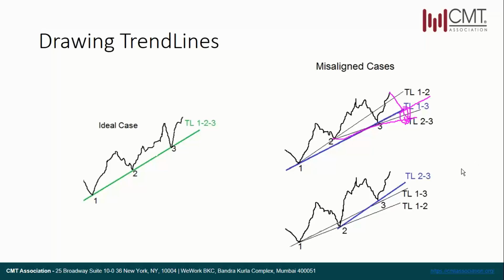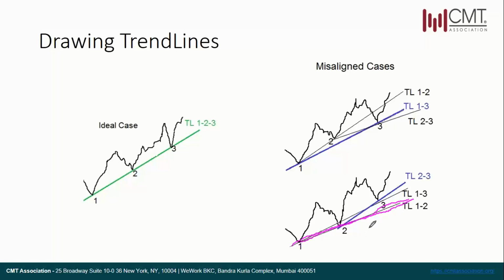Now, if you look at the other situation wherein the point number 3 is actually above the line joining 1 and 2. In this particular case, if you continue with point number 1 and 2, you still get a trend line like this, the lower one.